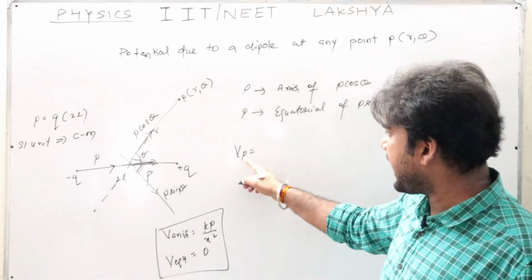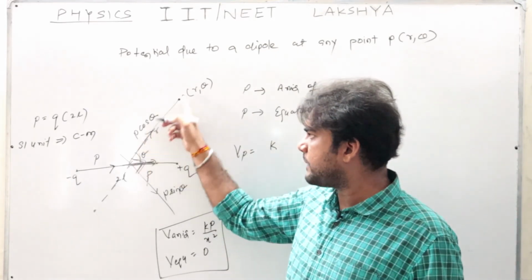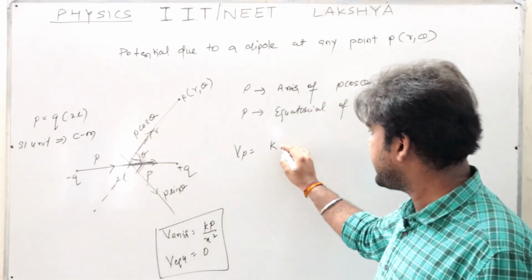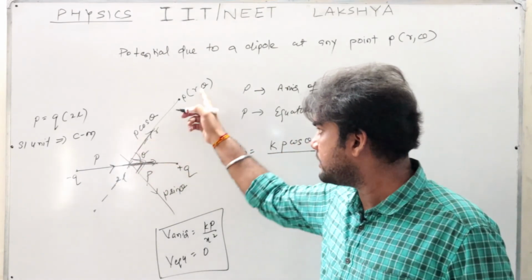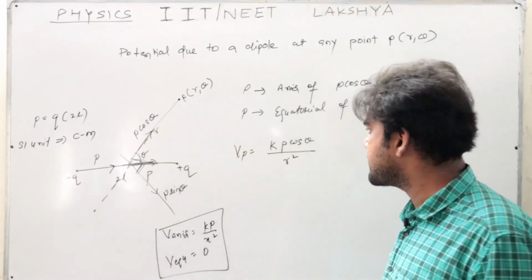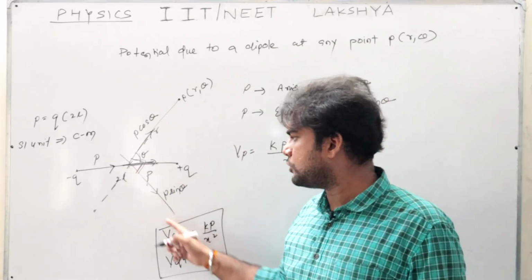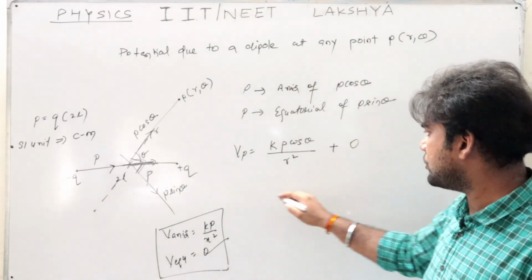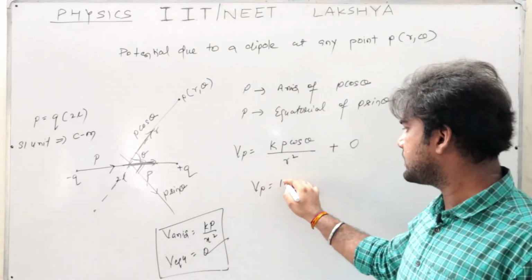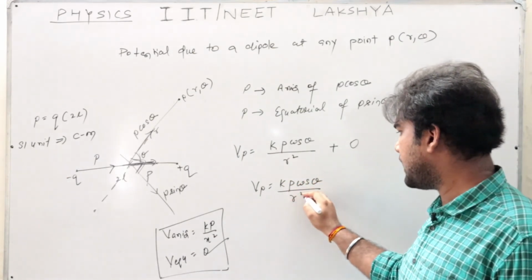So on the axis I will write k, but P is now P cos theta, so K P cos theta divided by R square, plus due to the equatorial position 0. So the potential at point P becomes Kp cos theta by R square.